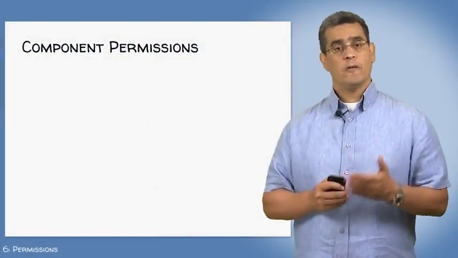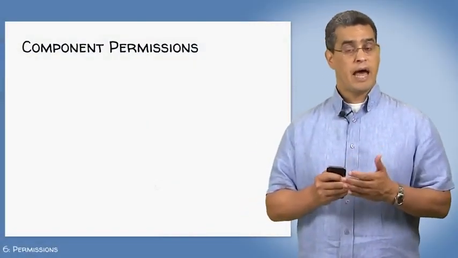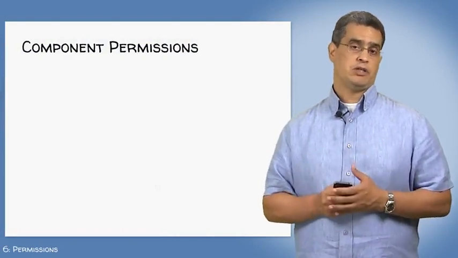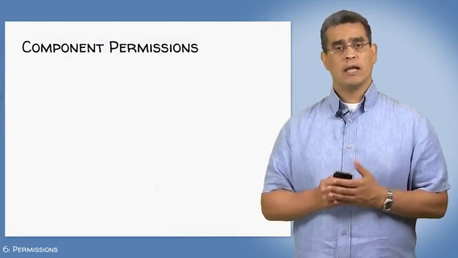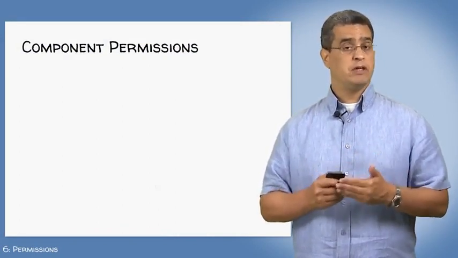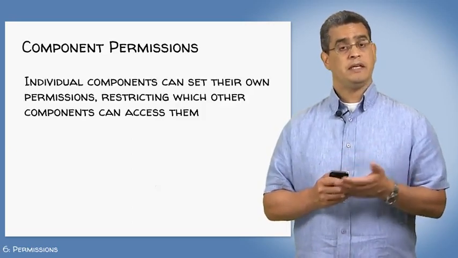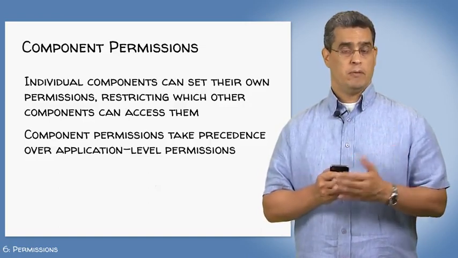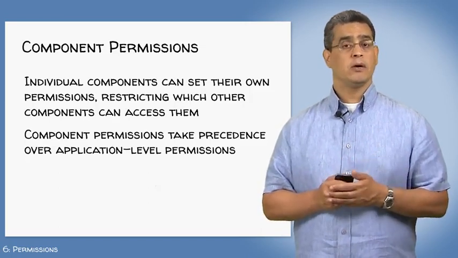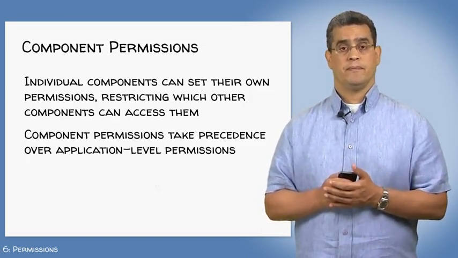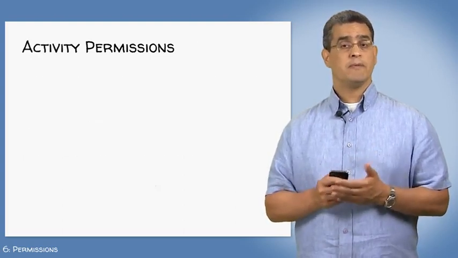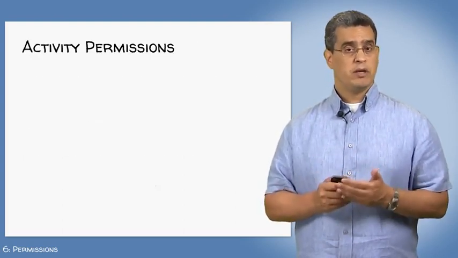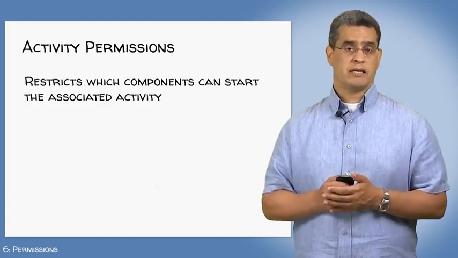So far, all the permissions I've shown you have applied to the entire application. Android also allows you to set permissions for individual components, and these settings will take precedence over any application-level permissions. Now let's take a look at some of these component permissions. Activity permissions restrict which components can start the associated activity.